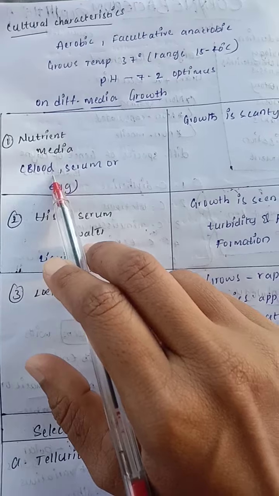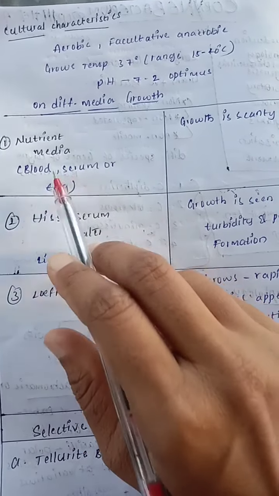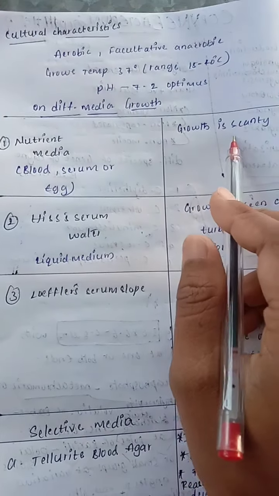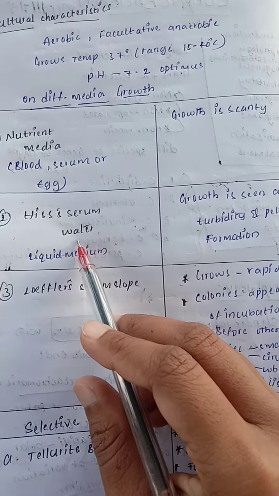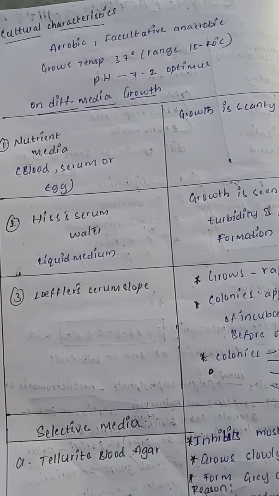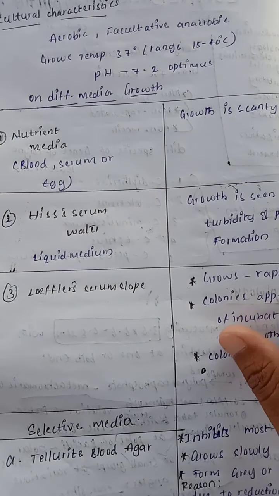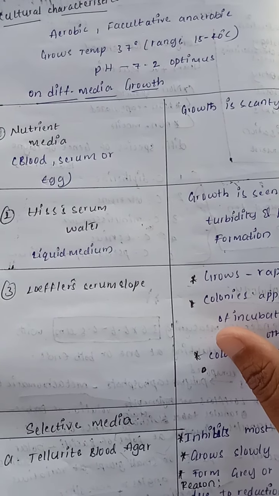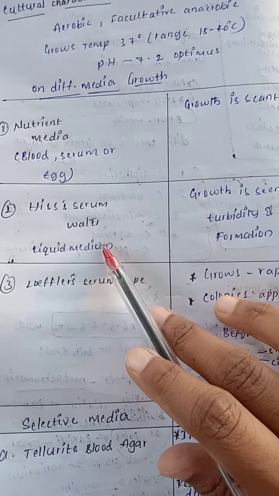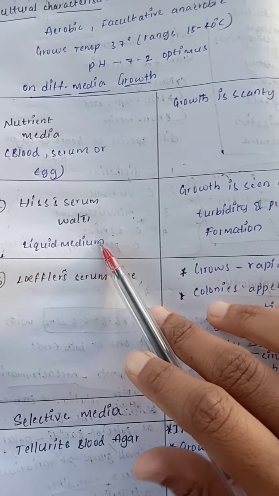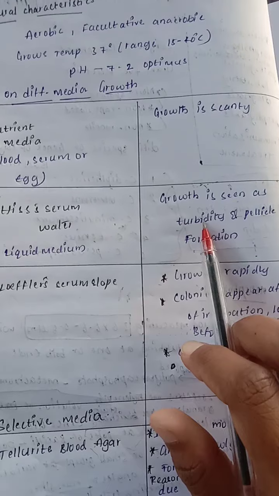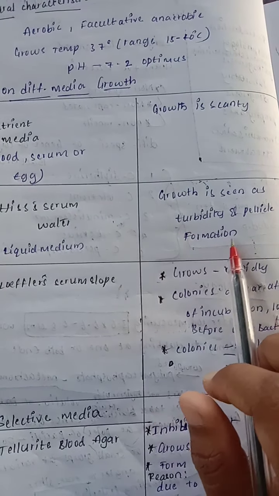On the nutrient medium, when blood, serum or sugar have not been added, the growth will be scanty. Then Hiss serum water test, which is a liquid medium. In this, Corynebacterium diphtheriae shows turbidity and pellicle formation.